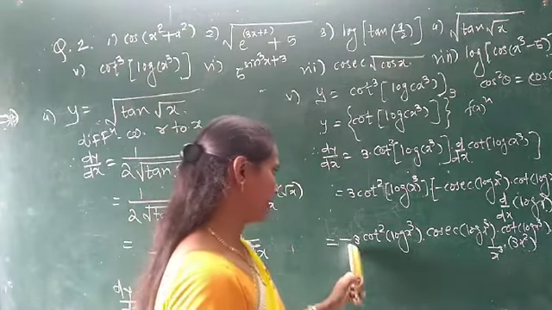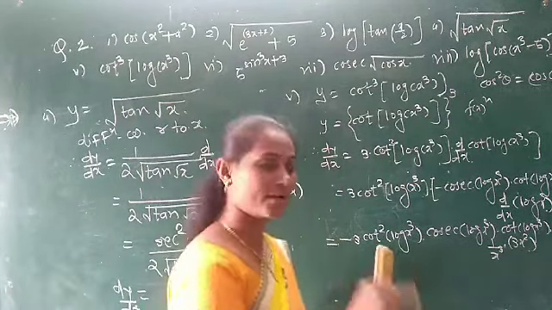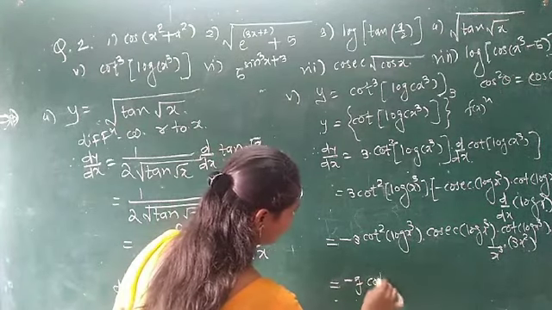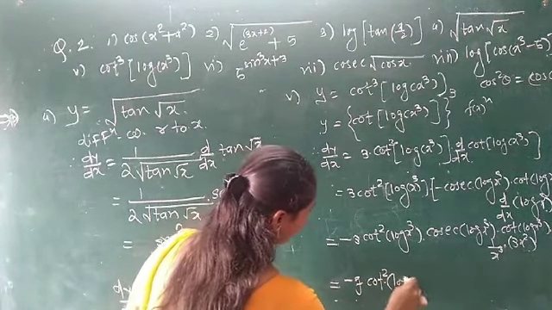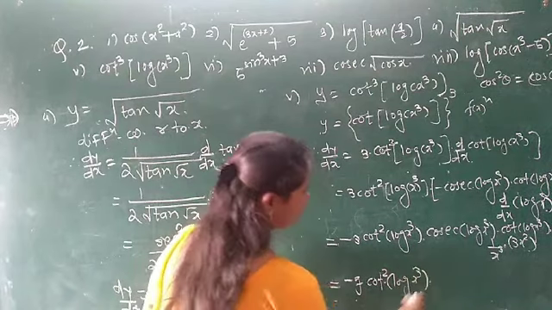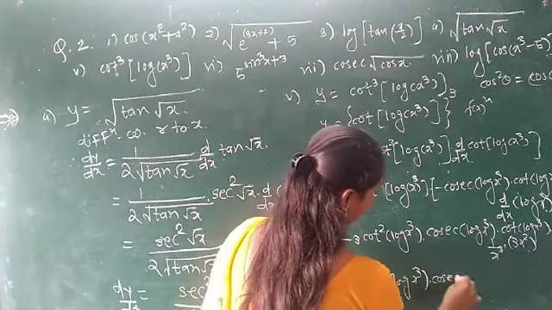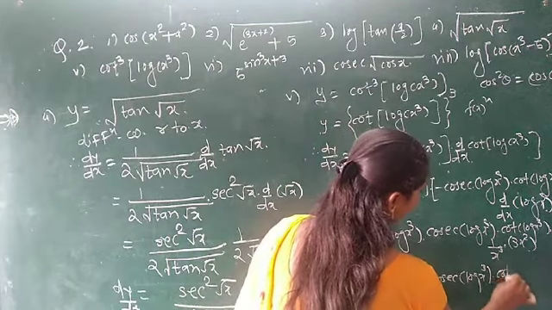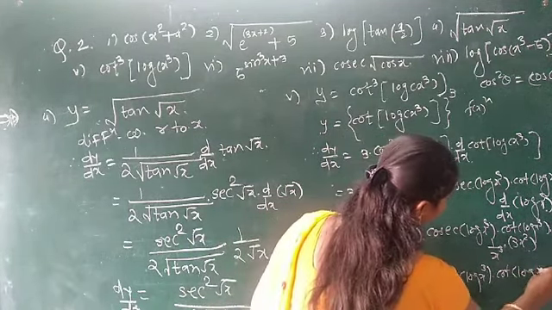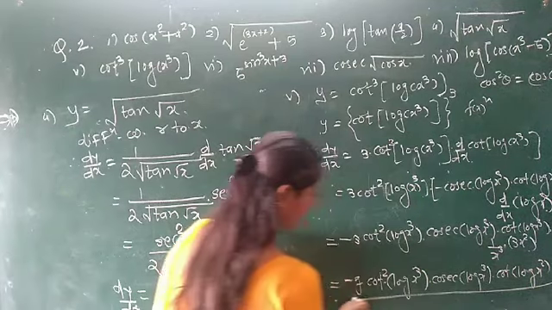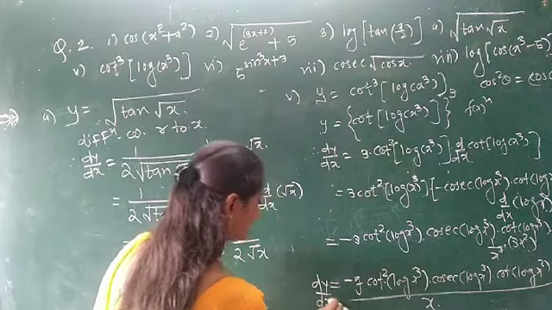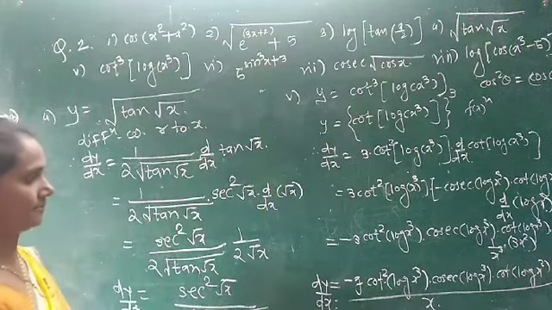So here 3 and here 3. So this 3 into 3 becomes minus 9 into cot square of log x cube into cosec of log x cube into cot of log x cube, whole thing divided by x. That is dy upon dx.